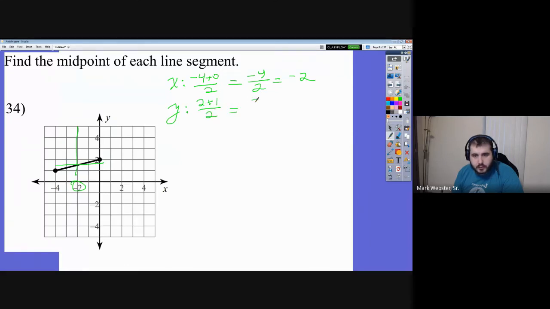We got 3/2, which is 1.5, which is pretty much what we were looking at right there. So our final answer, regardless of how we did it, had better still be (-2, 3/2), right?